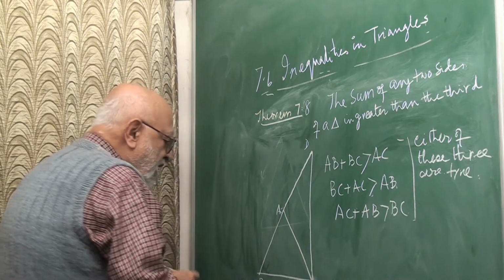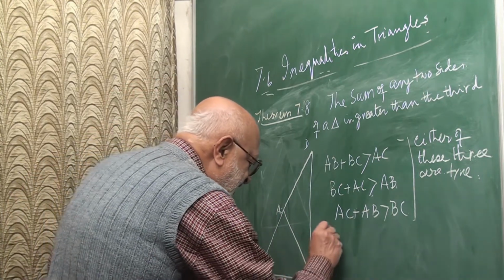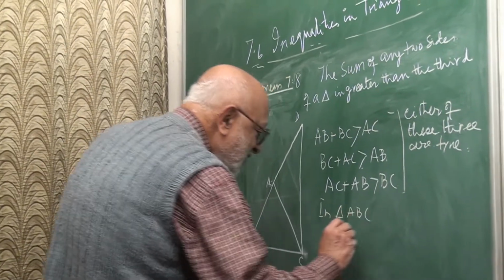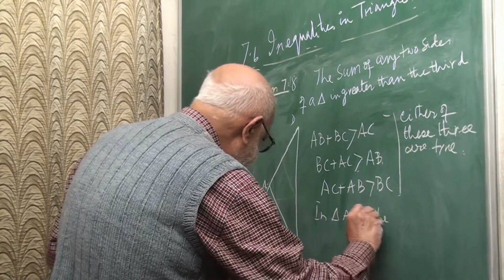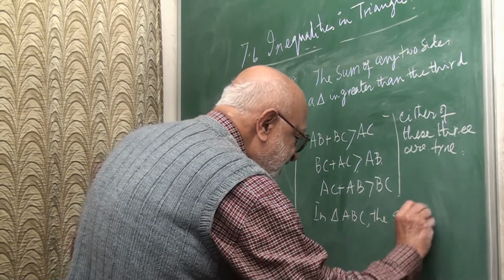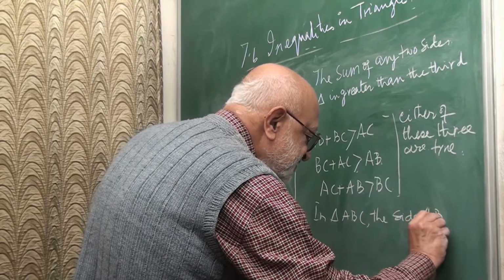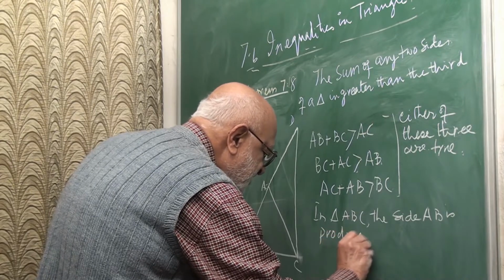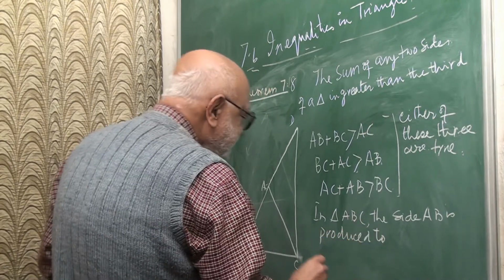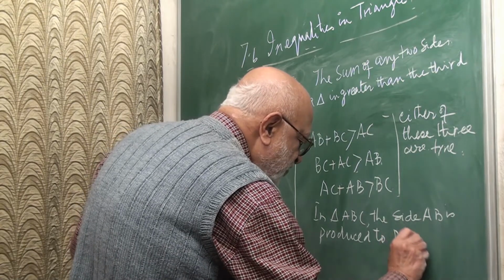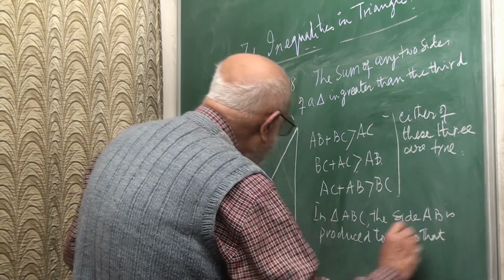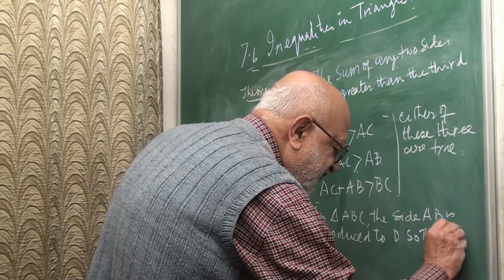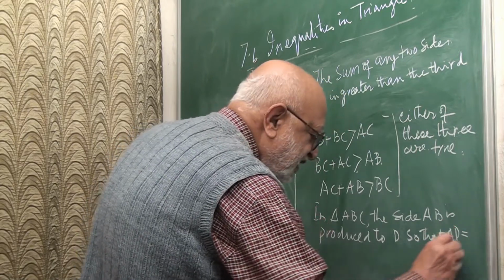So what did I do? In triangle ABC, the side AB is produced to D so that AD is equal to AC.